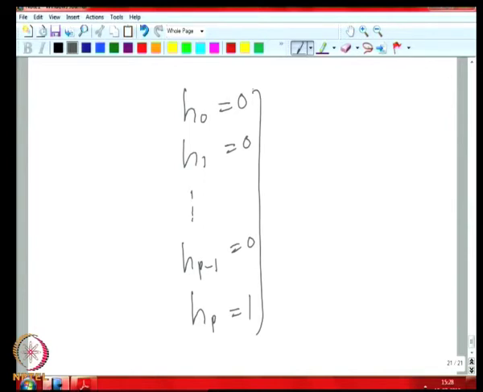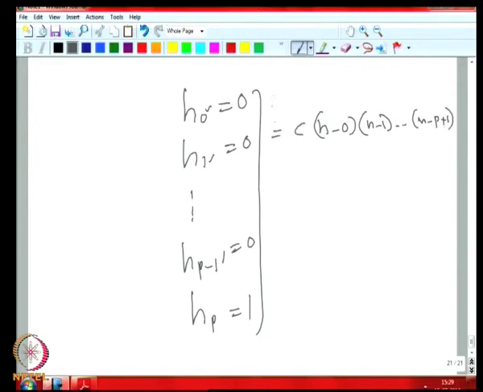So what does it mean? We know that if it is a polynomial in n, then the roots are 0, 1, up to p minus 1. We got all the p roots of it. So that polynomial will look like n minus 0 into n minus 1 into up to n minus p plus 1, and some constant.